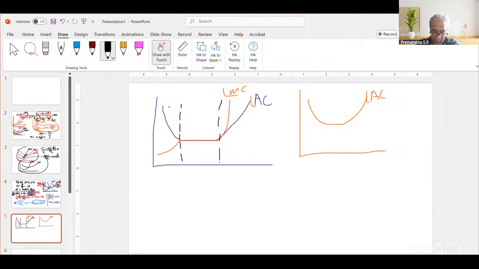The first one, average cost continuously goes down. Mathematically, if you look at the graph, it is a negative slope of the average cost curve. In other words, the marginal cost is less than average cost.